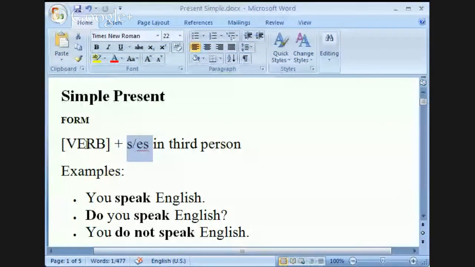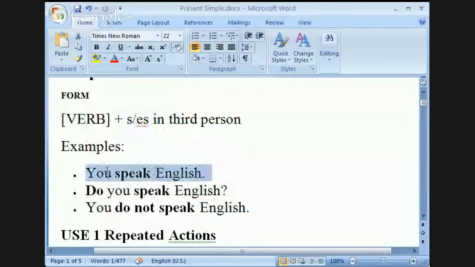Looking at the example, you speak English, just the verb. Third person would be, for example, he speaks English, she speaks English, or very strangely, it speaks English. I guess if you're talking about a robot or a talking dog.